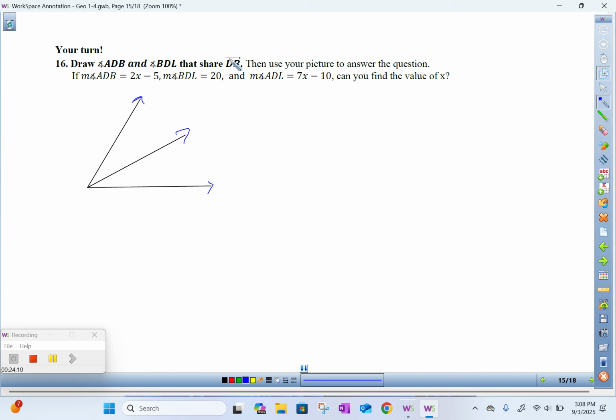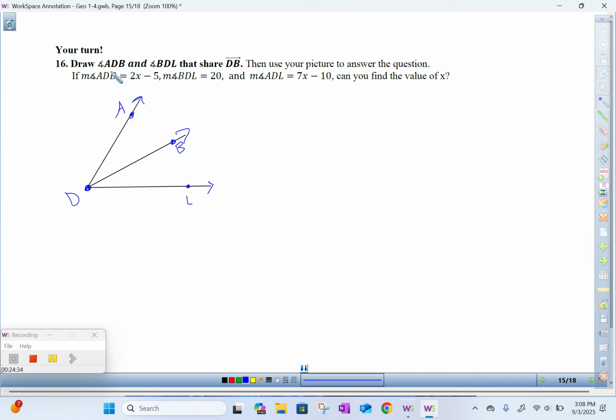And they share DB, so I'm going to start with that. The vertex is always first, so that's the D, and there's the B. And then my first angle was ADB, so this can be ADB. And then BDL, there's B and D, finish up with L.